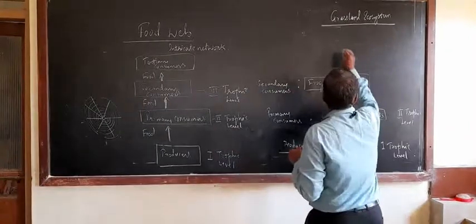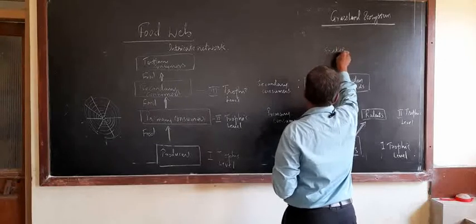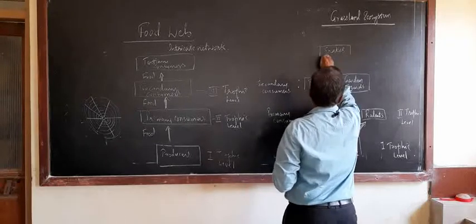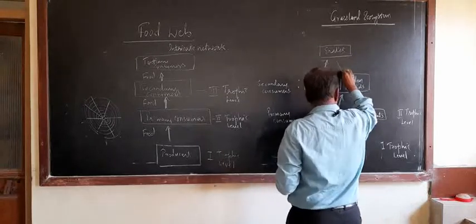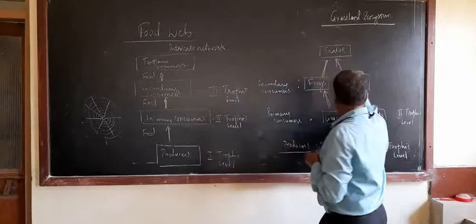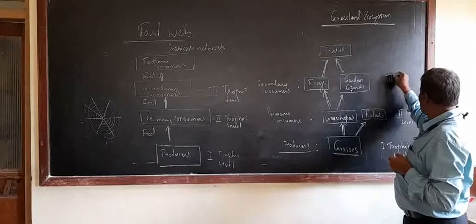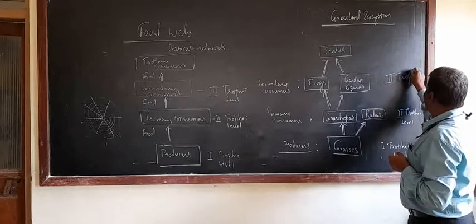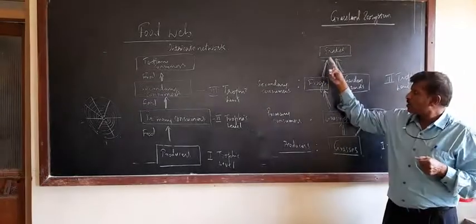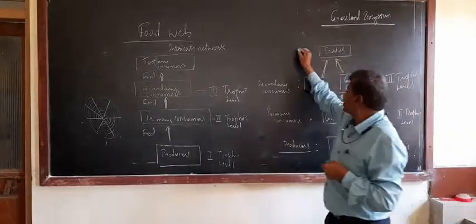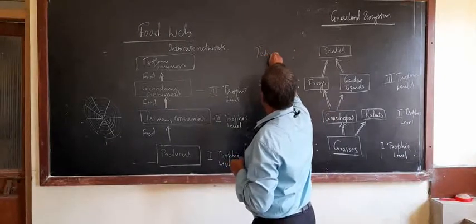Suppose there are snakes present. Snakes very commonly feed upon the frogs. They could also feed upon the garden lizards. So here transfer of food takes place from secondary consumers to tertiary consumers. Here snakes are considered as tertiary consumers.